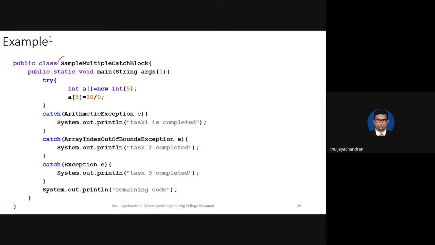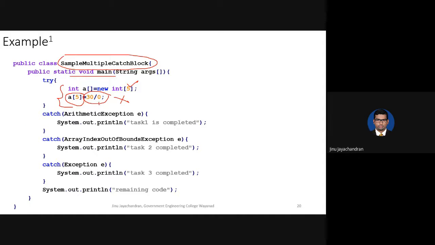You have a class called sample multiple catch block. You have a main function. You see that you have two pieces of code written here. This is division by 0, which is not possible. It gives an exception. And you're trying to access the 6th element of the array because you have declared only 5 elements. So this is another exception.